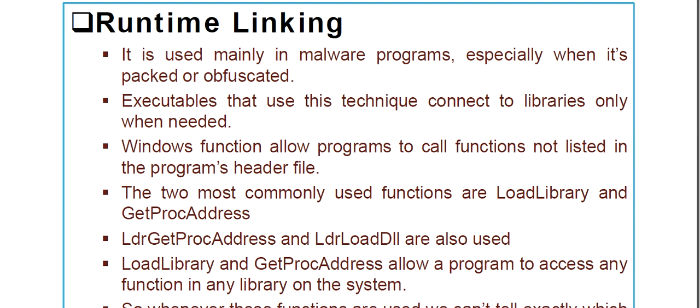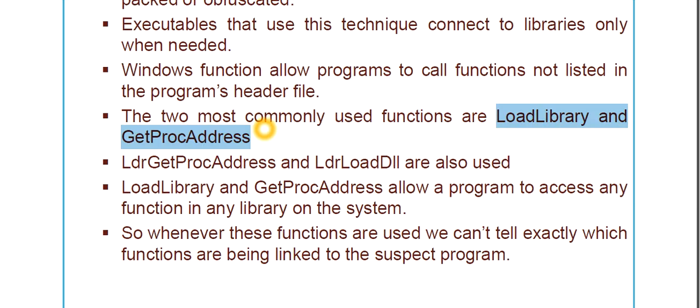Windows functions allow programs to call functions not listed in the program's header file. The two most commonly used library functions are LoadLibrary and GetProcAddress, and these are very important. You should note it down. LoadLibrary and GetProcAddress are the most commonly used functions in runtime linking. Then LdrGetProcedureAddress and LdrLoadDll are also used.